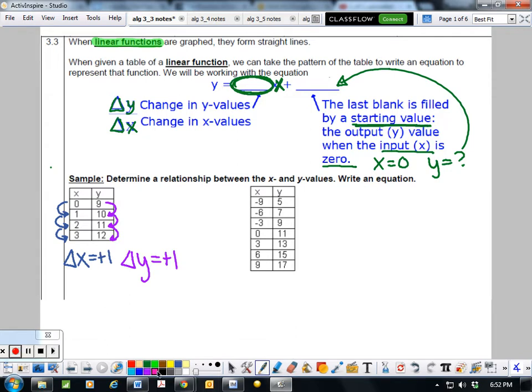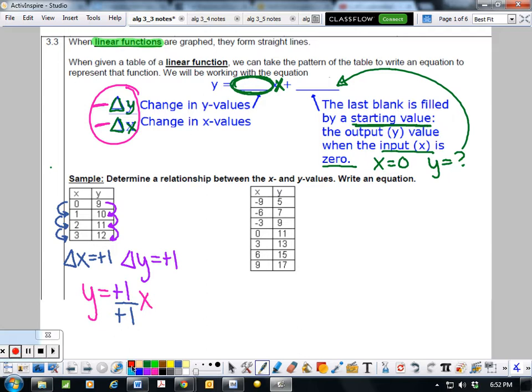So when it comes to my equation, I'm going to write y equals, and then up here it tells me I'm going to put the y on top and the x on bottom. So y on top, x on bottom, and that's going to give me that value. So 1 over 1 times x.